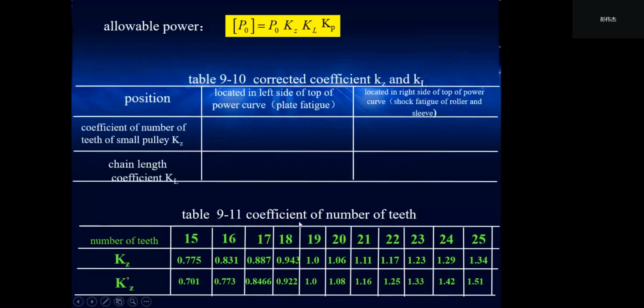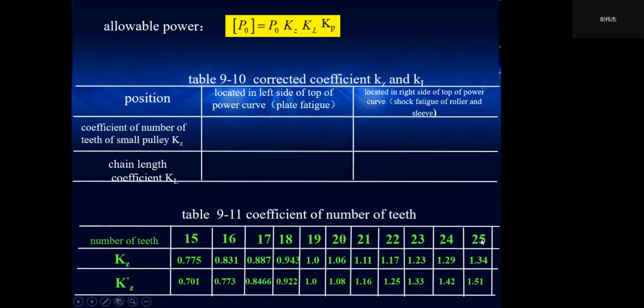From this table, KZ depends on the number of teeth. Here we choose the number of teeth Z1 as 25.